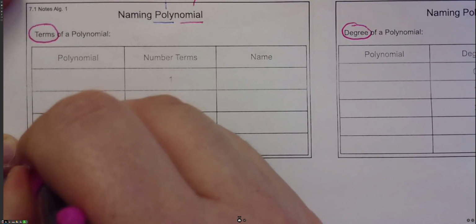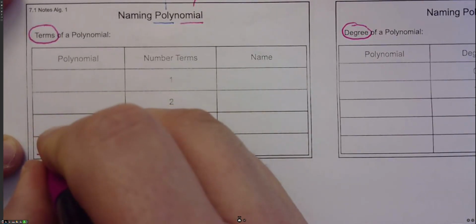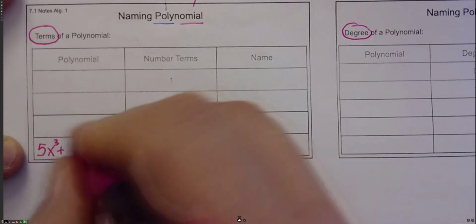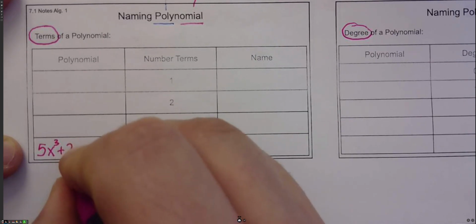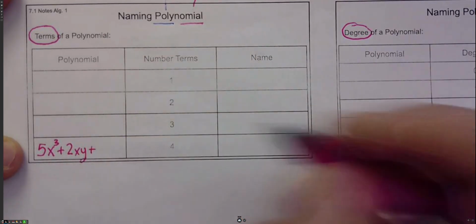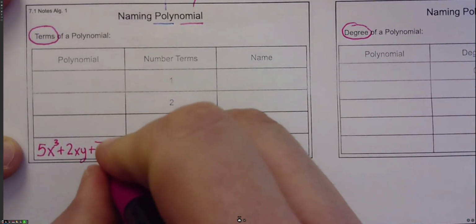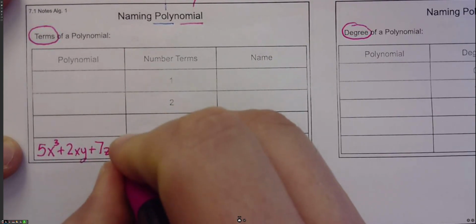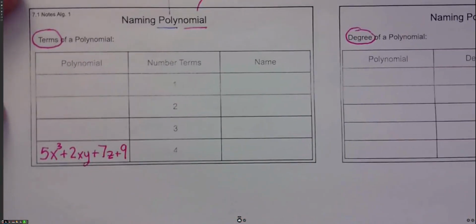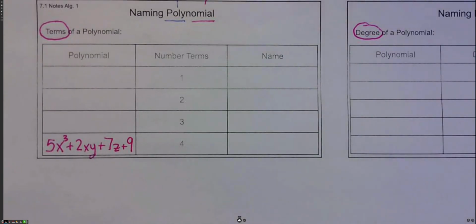So if I said 5x to the third plus 2xy plus 7z plus 9, can you explain to me why I would tell you that has four terms? Why do you think that has four terms?